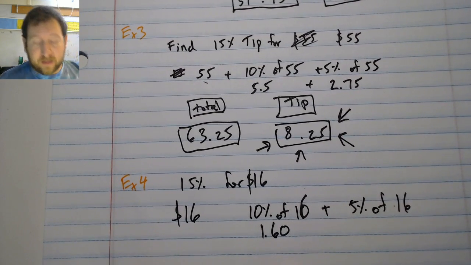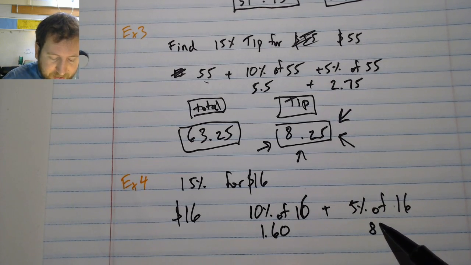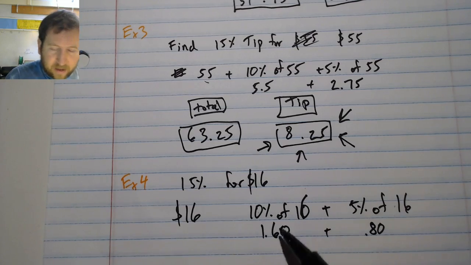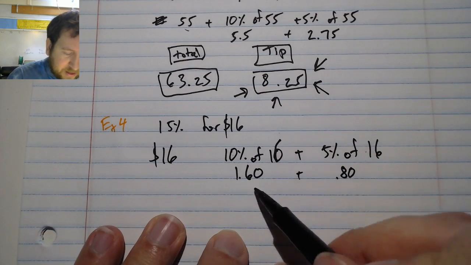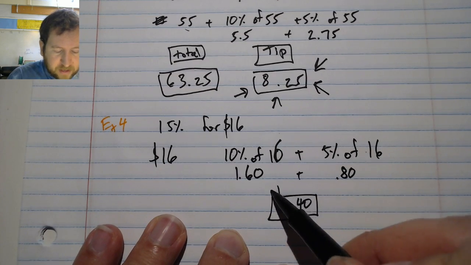Half of $1.60 is like half of 16, which is 8, so it's going to give me 80 cents. I'm going to add these two together, and it's going to give me $2.40 as about my tip.